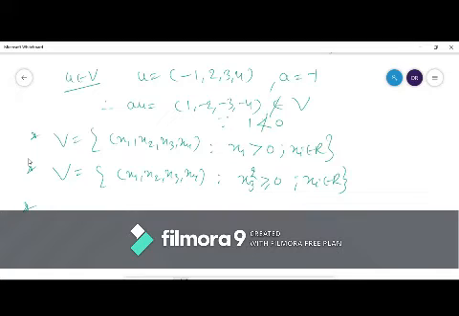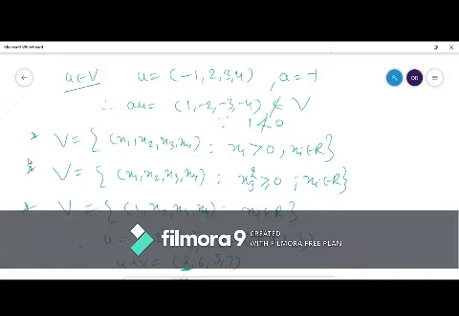If a particular element is non-zero, for example, V is equal to 1, x2, x3, x4, where xi's are real numbers, then this is not a vector space, because if we take u is equal to 1, 2, 3, 4, and v is equal to 1, 4, 2, 3, then u plus v is equal to 2, 6, 5, and 7.